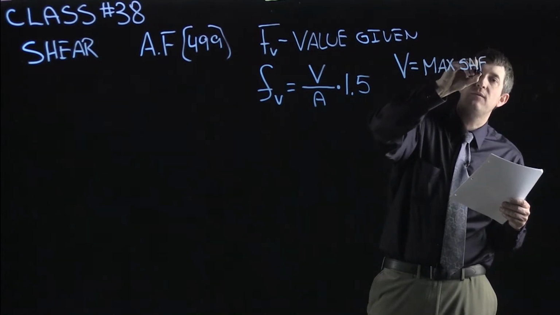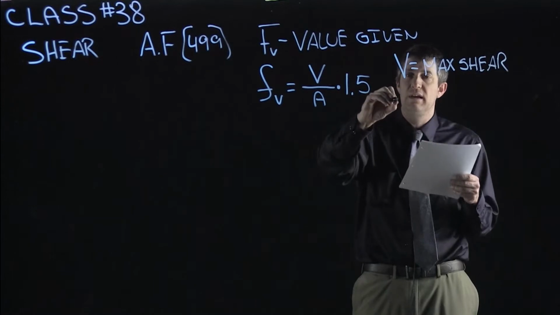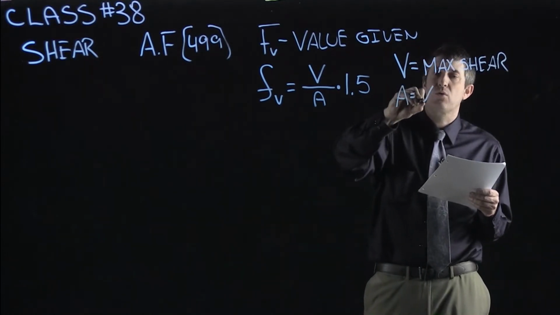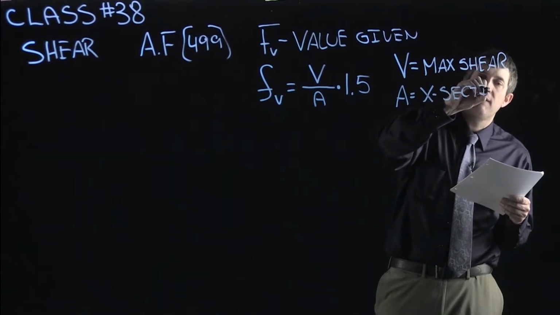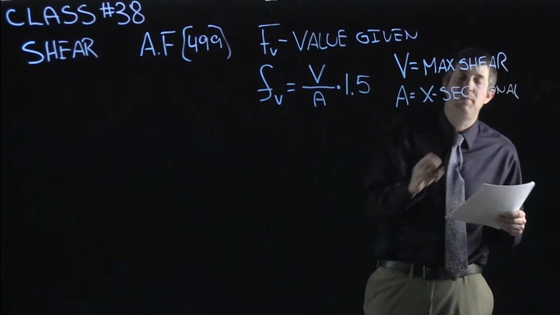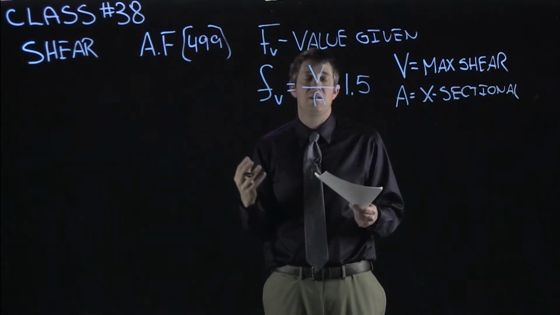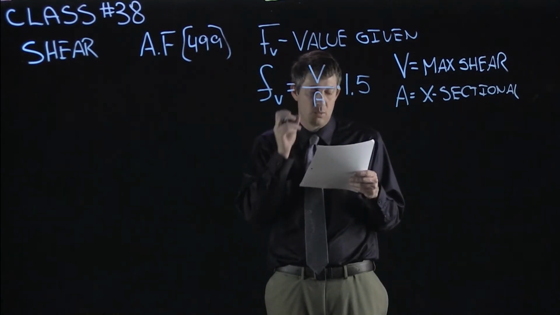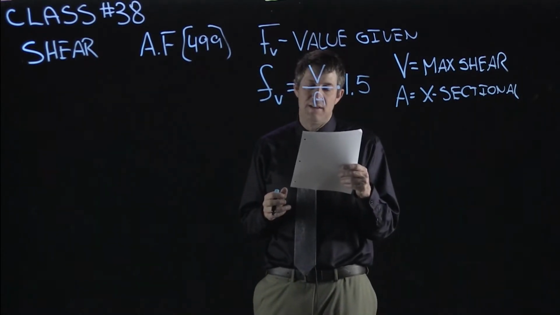We get that straight from our shear diagrams that we've been doing. A is the cross-sectional area. So if I have a beam that is 2 inches wide by 2 inches tall, it's going to be an area of 4 square inches. So it's the same process as bending here.